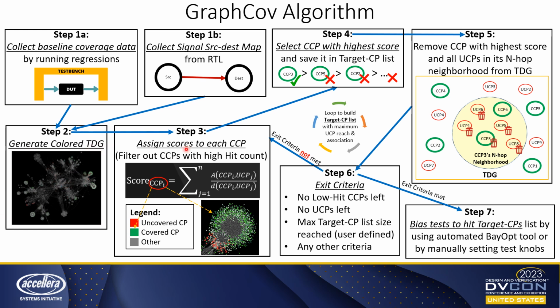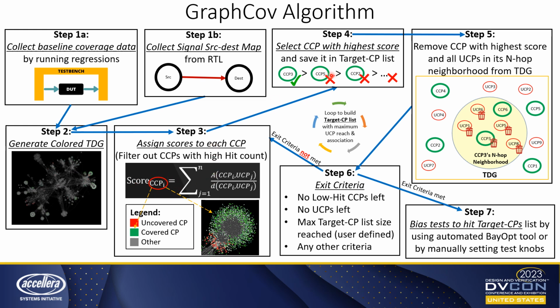After that, we move on to step 3, where we filter out the CCPs with high hit count and then use the formula for the score to assign scores to each of the low hit count CCPs. So it would be the light green nodes in the TDG that get the score assigned to them.